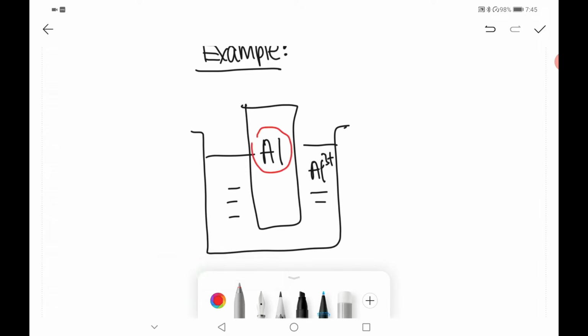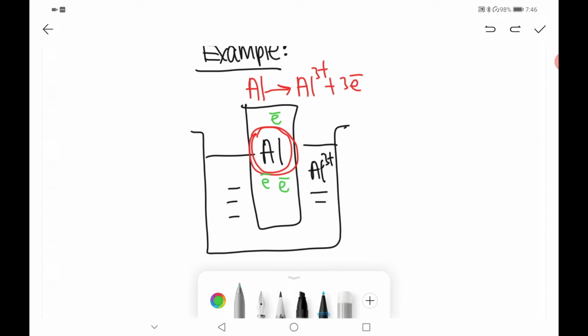The aluminium metal will donate electron to become Al3+ and 3 electrons. So now aluminium donated the electrons, and these are the electrons donated by aluminium.